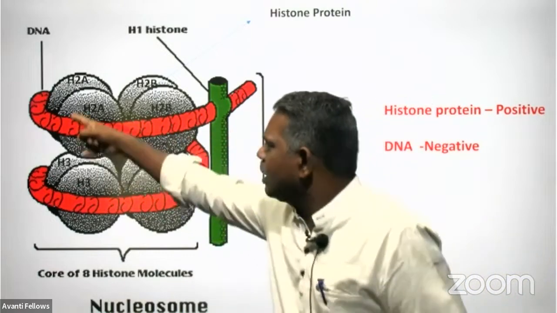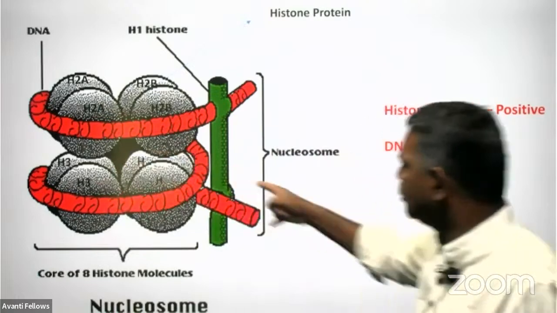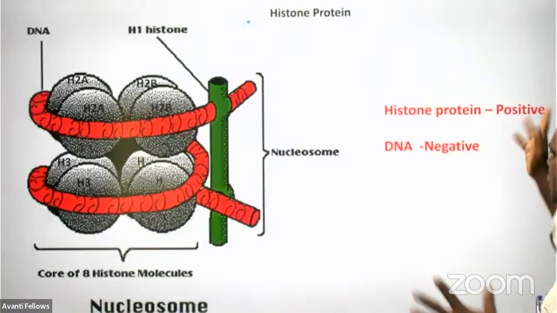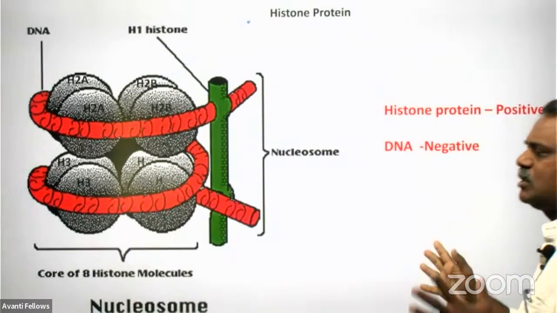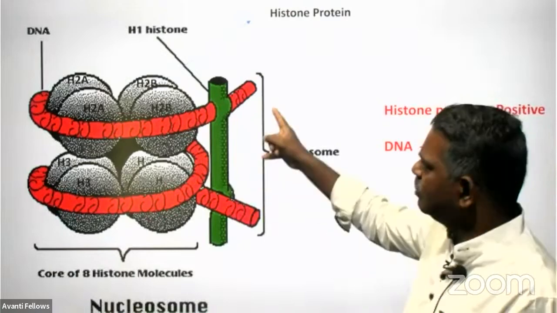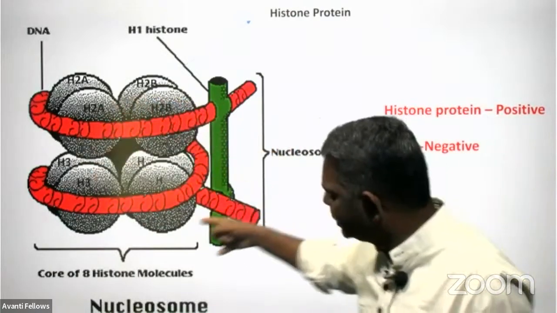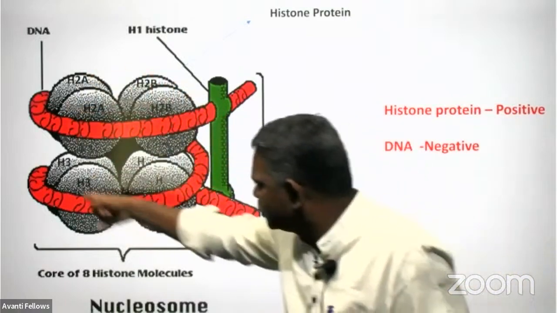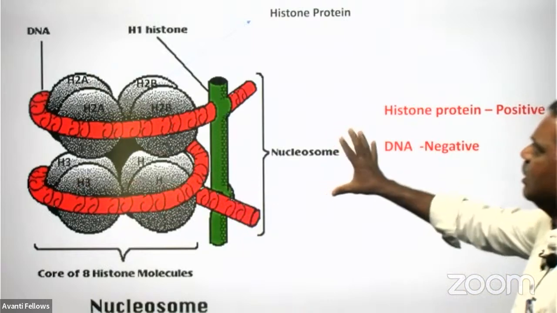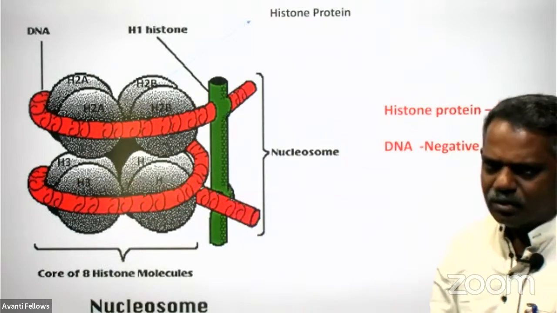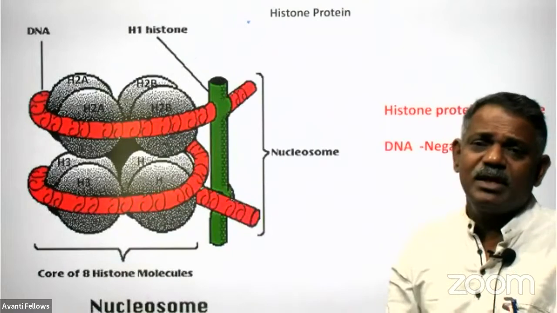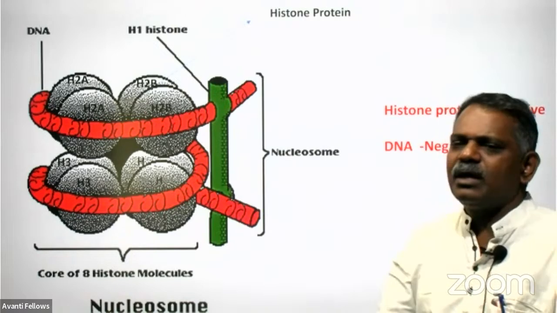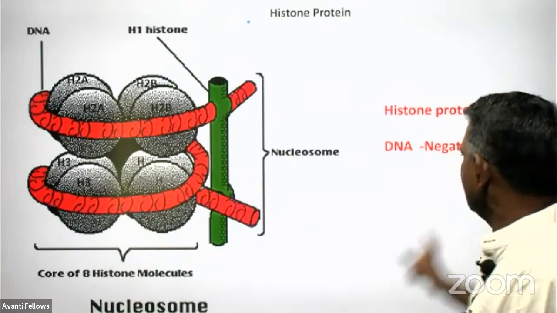So it is wrapped around 2 times to form a unit called the nucleosome. Histone protein is positive in charge, and the DNA is basically negative in charge. So negatively charged DNA is wrapped around the histone octamer 2 times, like that. It is moving like this 2 times and forms a single unit. We call it the nucleosome. Now we are discussing the coiling of the DNA, how it goes for systematic coiling to keep such a lengthy DNA in the nucleus.